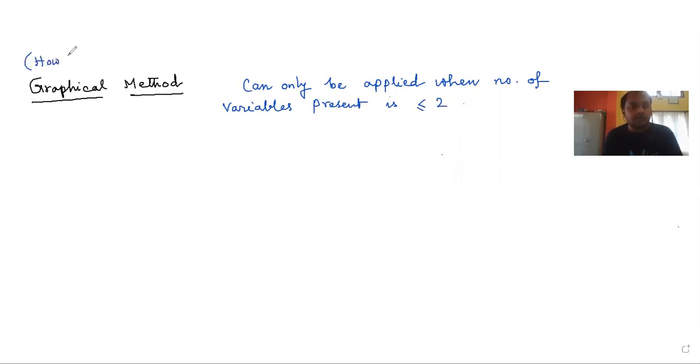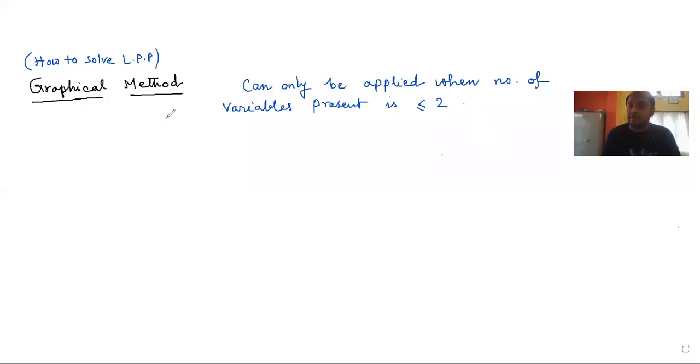How to solve an L.P.P using the graphical method? Okay. The graphical method can only be applied if the number of variables present is less than or equal to 2.